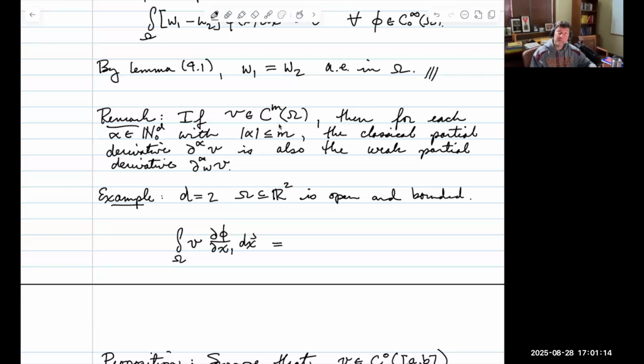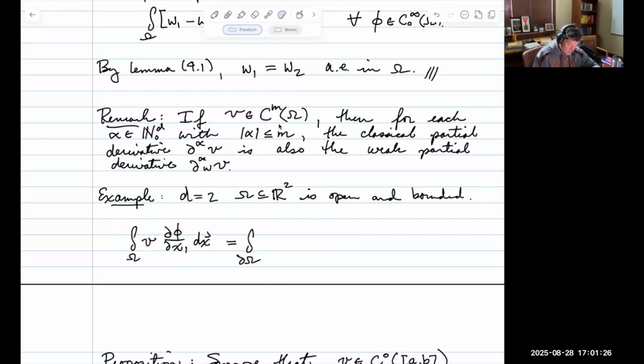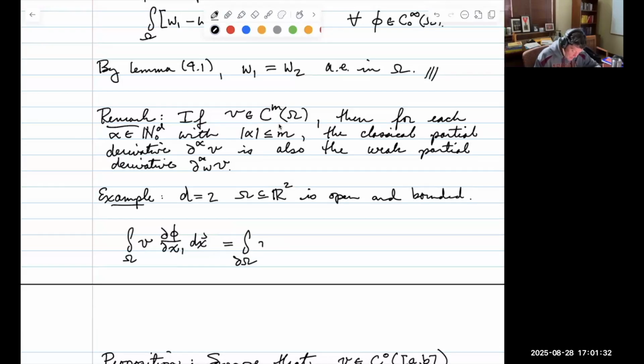It should be an integral, and if I get this wrong, I'll just issue a correction later. So you get a boundary integral, and I think that should be n1. So that's the component of the outward pointing normal, but only in the one direction.